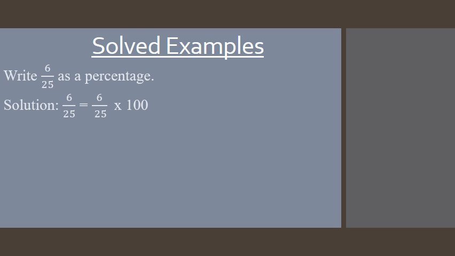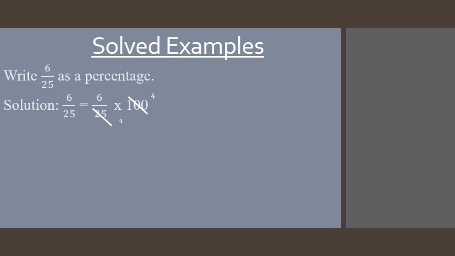Okay. Now children, you know that you can divide 100 in the numerator and 25 in the denominator by the common number 25. So when you divide 25 by 25 in the denominator, your answer will be 1. And when you divide 100 in the numerator by 25, your answer will be 4.